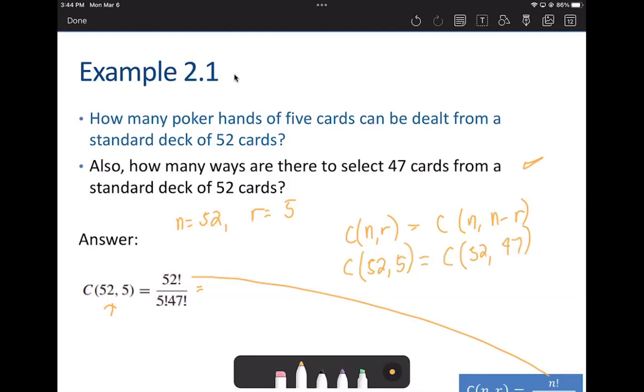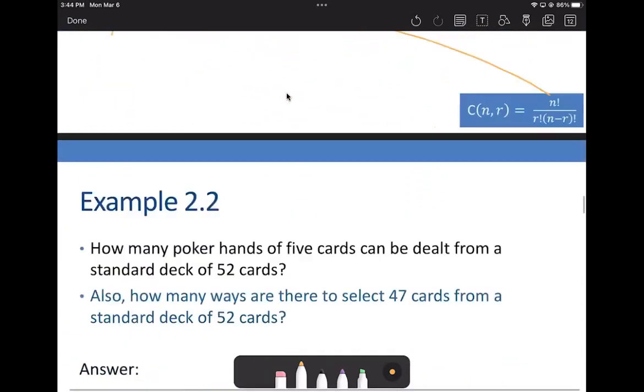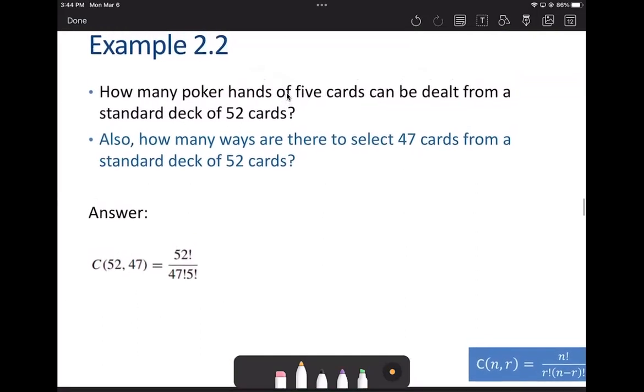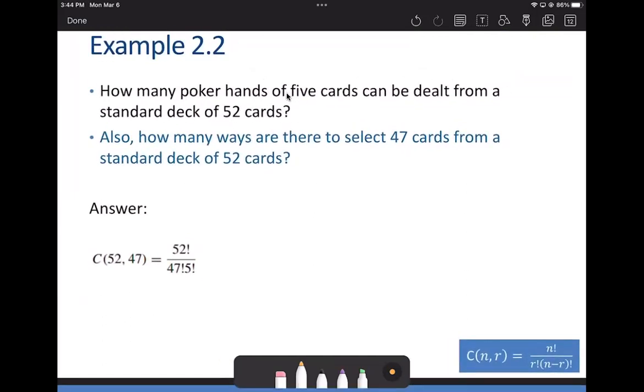All right, so that's why, according to your classmates' answers, thank you Ezra and Doreen, they have the same solution, which is also equivalent to 52 factorial divided by 47 factorial times 5 factorial.